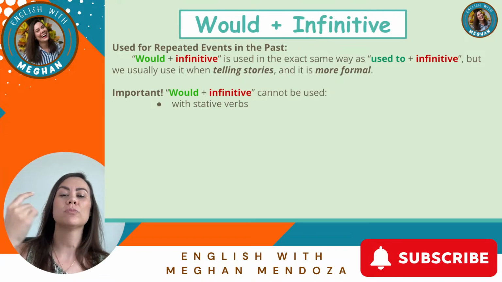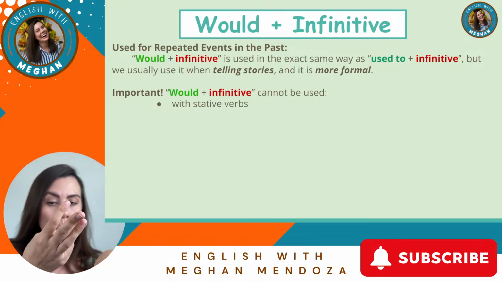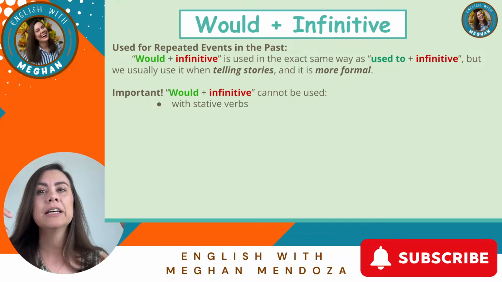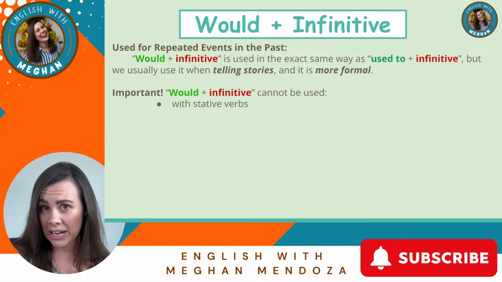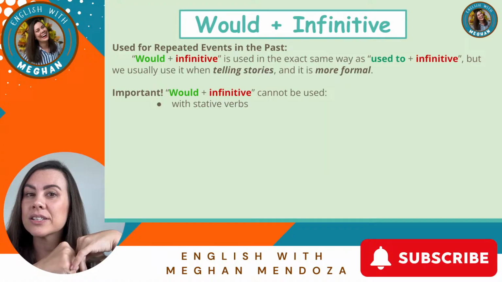So, as I mentioned before, the common stative verbs: be, have, know, like, love, hate, dislike, believe, understand, need, want, seem.